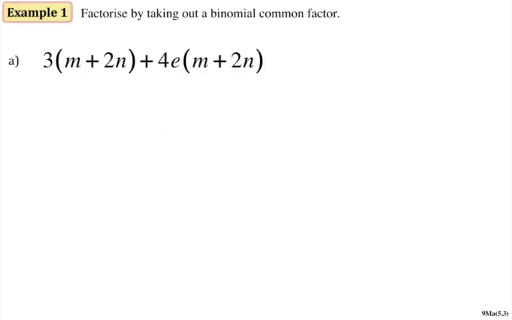Here's our first example. Now, it says factorise by taking out a binomial common factor. Well, let's see what's common. If you have a look at this bracket, there's a bracket that has m plus 2n. There's another bracket that has m plus 2n. There are actually 2 terms in this question. Here is our first term.